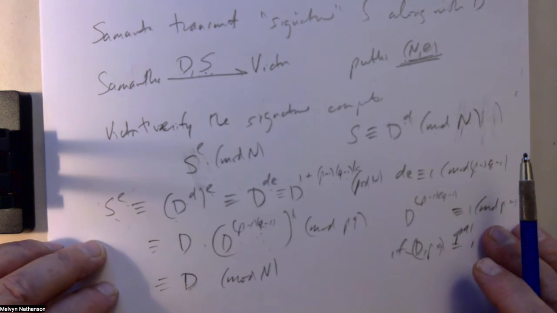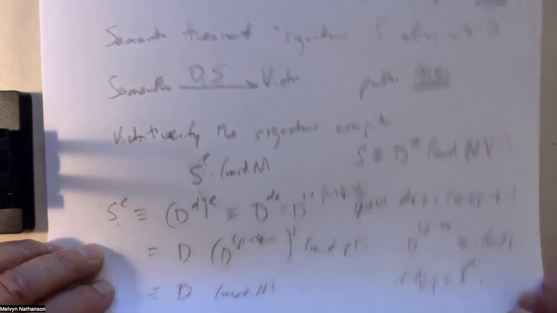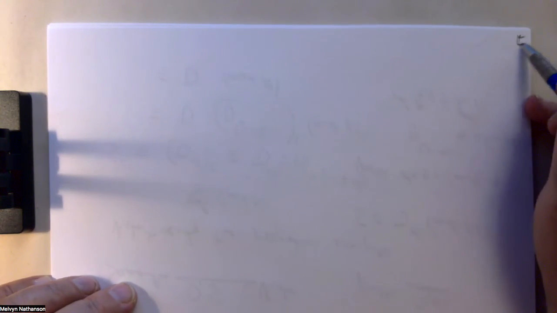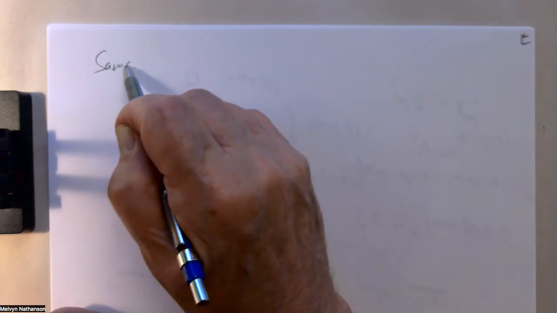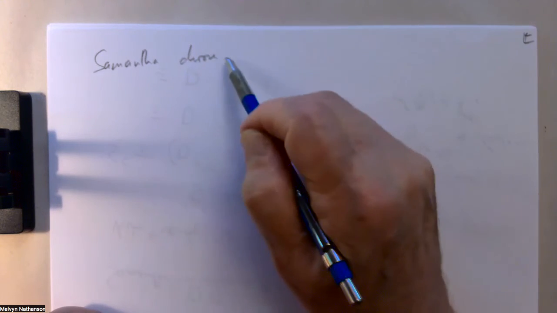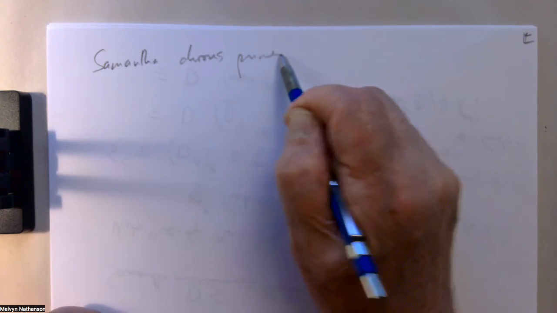So let me go through the example in the book with what the book likes to think of as small numbers, but for us, they're pretty big numbers. So Samantha chooses two primes.